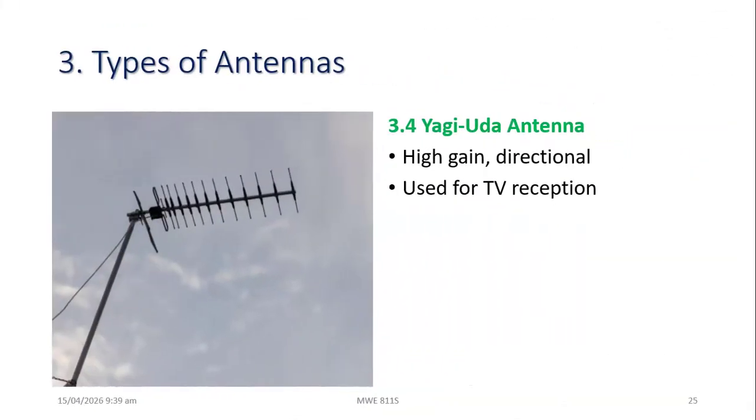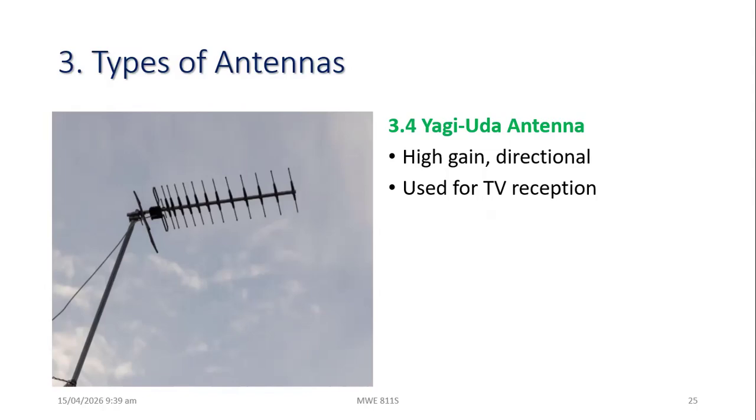The next type is known as a Yagi-Uda antenna. These were very common old-type antennas that were used for TV reception. Those old televisions were using mainly Yagi-Uda antennas with a number of what are known as antenna elements.